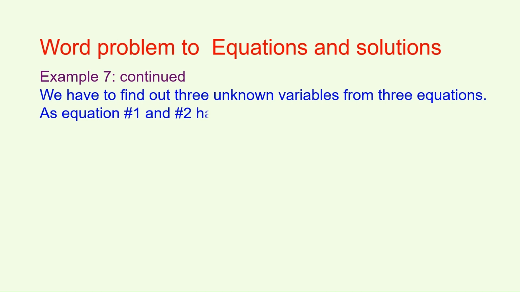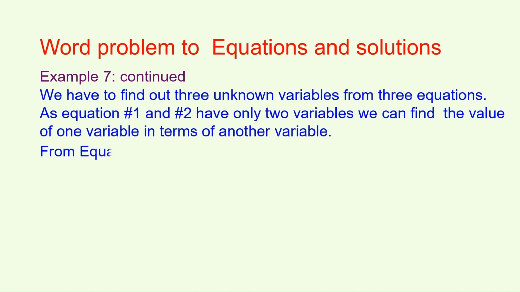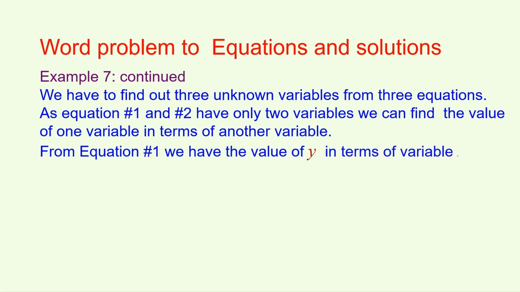We have to find 3 unknown variables from 3 equations. As equation number 1 and number 2 have only 2 variables, we can find the value of one variable in terms of another variable. From equation number 1, we have the value of y in terms of x: y equals x squared.